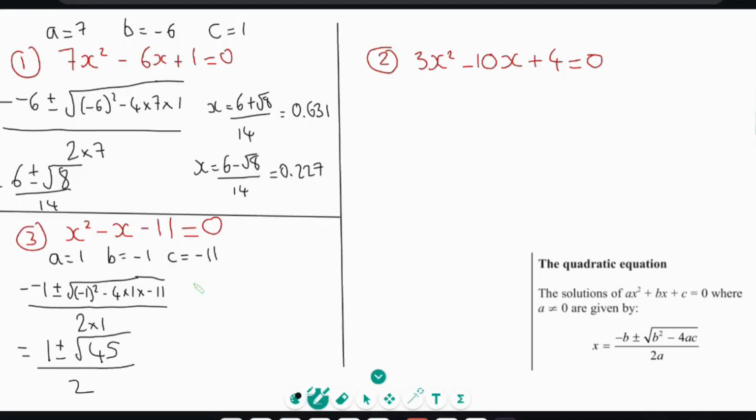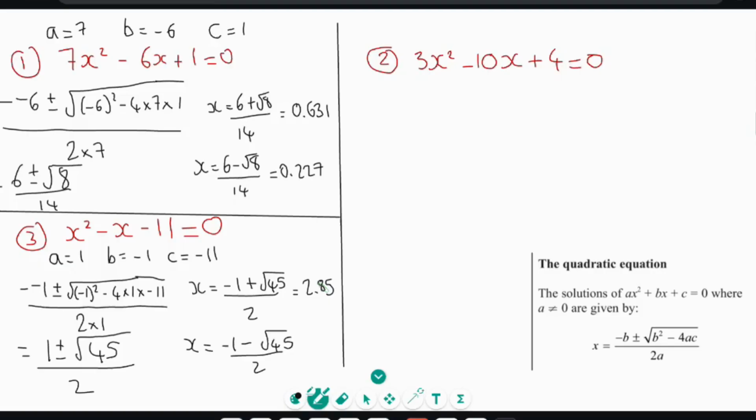That's all over 2. So one of my answers is -1 plus root 45 all over 2, and the other answer is -1 minus root 45 all over 2. So we have 2.85 and minus 2.85.